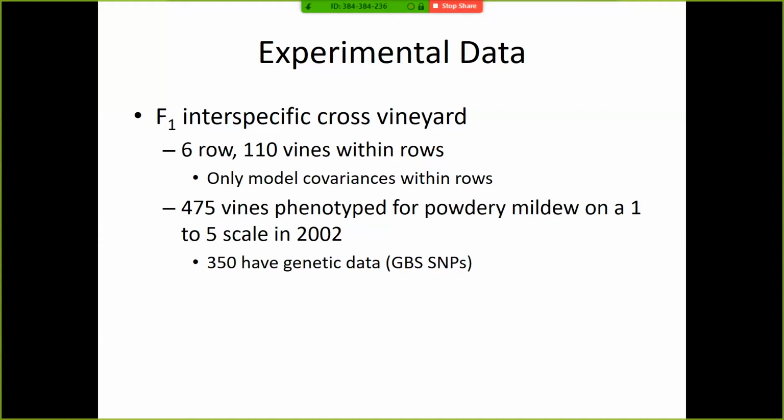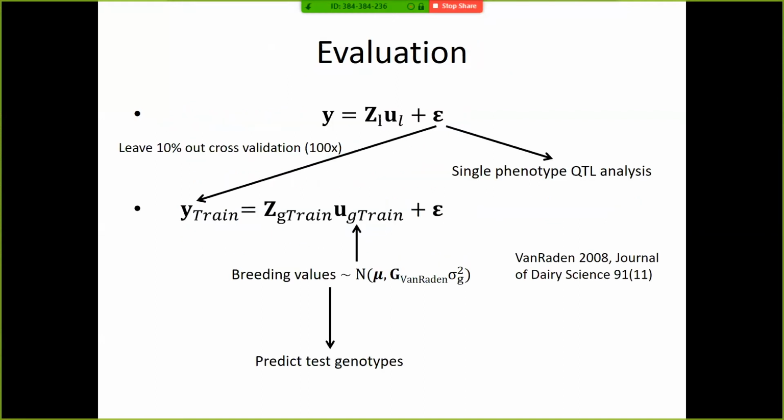So how I'm going to do this evaluation is I'm going to fit that mixed model that I explained previously. And with the uncorrupted phenotypes, I'm going to do a QTL analysis. And I'm also going to do a leave 10% out cross validation. So what that means is I'm going to use 90% of the phenotypes that have genetic data in this model.